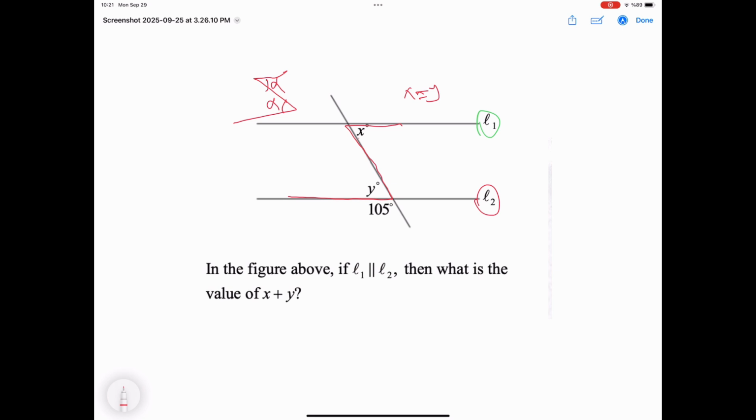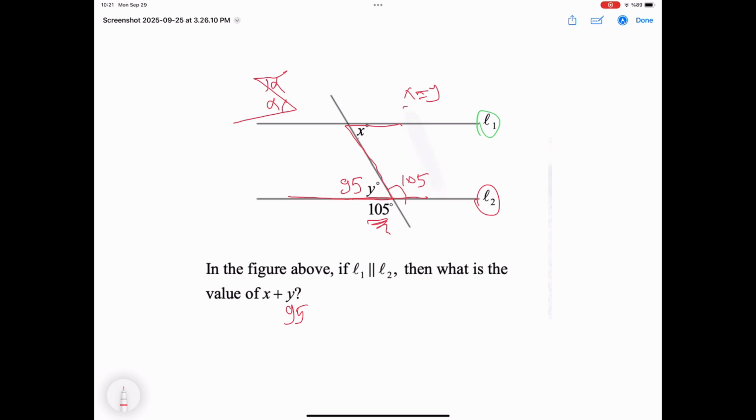Even if we didn't know that, we could solve this question. We know that a straight line has 180 degrees, so with 105 here, we are left with 95 for y, so y is 95. And we know that this part is 105 as well, because this is a straight line. Also, it is right across 105, so it is 105 as well.